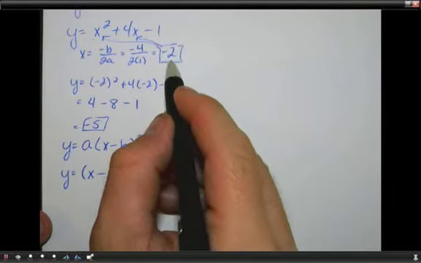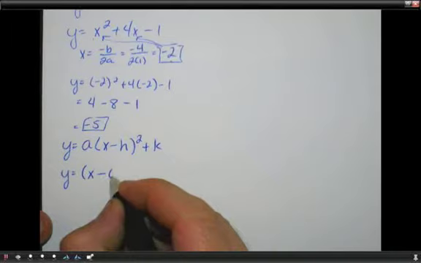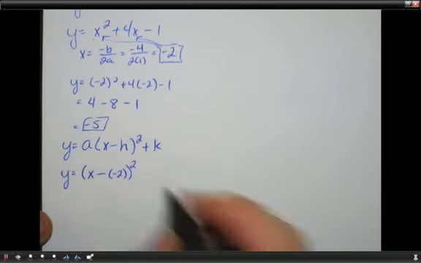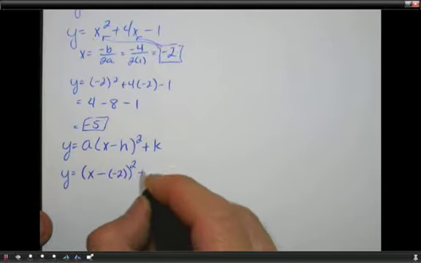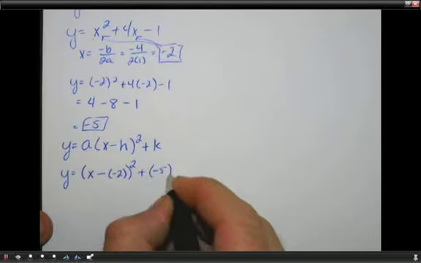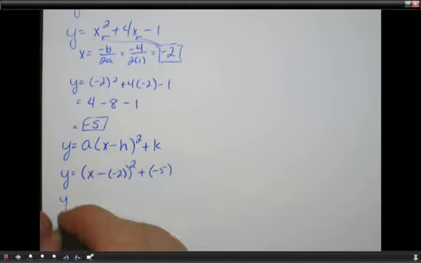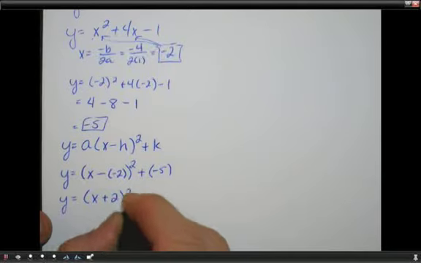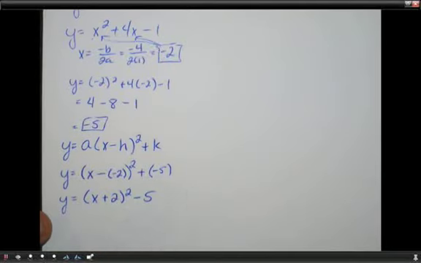Well, h is the negative 2. So I'm going to write that as a minus negative 2 just to make sure everybody's with me there, what we're doing. And then plus k, and k in this case is negative 5. But I don't like all these extra parentheses, so I'm going to say (x + 2) squared minus 5. And there we go, we have vertex form.